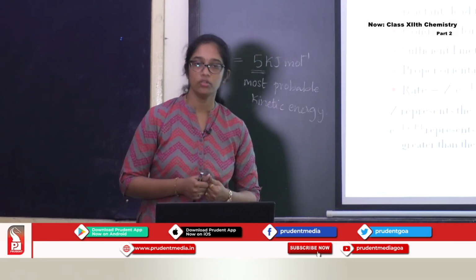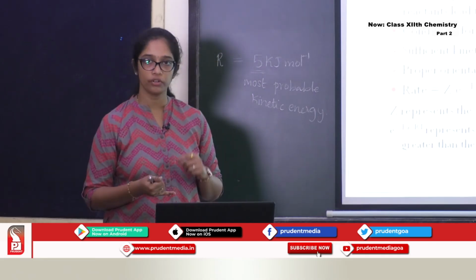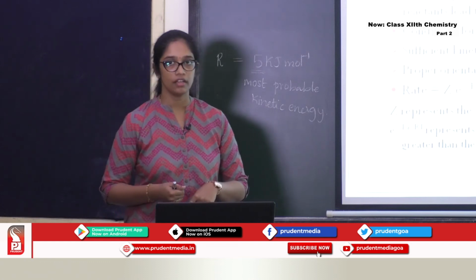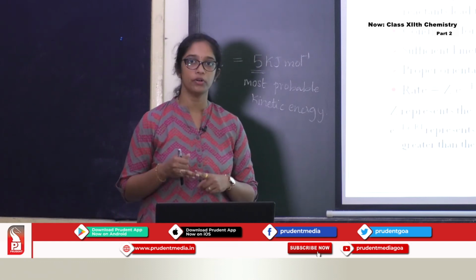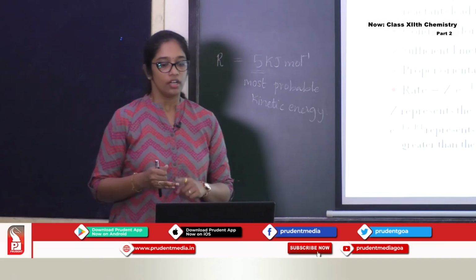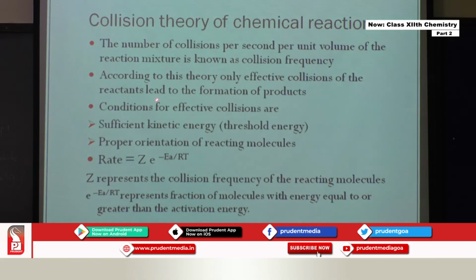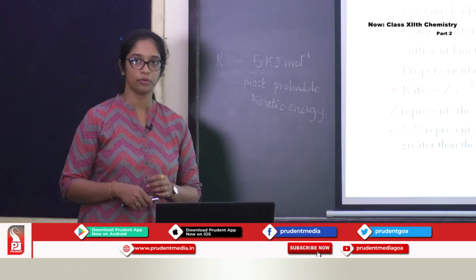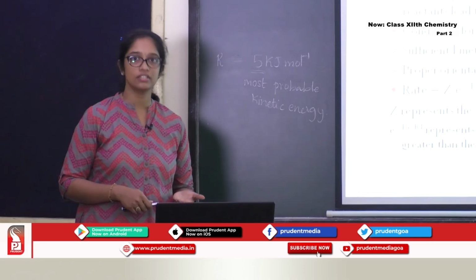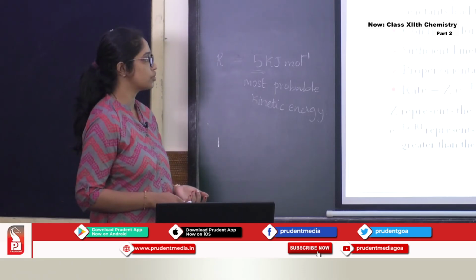These colliding molecules need to have some specific amount of kinetic energy and they should have something known as proper orientation. In this theory, the molecules which have effectively collided are the ones that are going to result in the formation of products. So, what are the conditions that are needed for effective collisions?